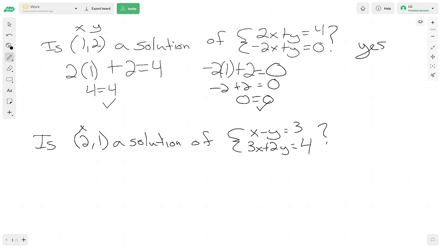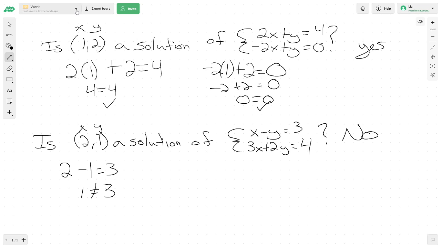So remember, this is our x, this is our y. So I'm going to plug in 2 minus 1 equals 3. And no, 1 does not equal 3. So you can stop there. That is not a solution of this system of equations, because it has to satisfy both, and we already know it doesn't satisfy the first one.